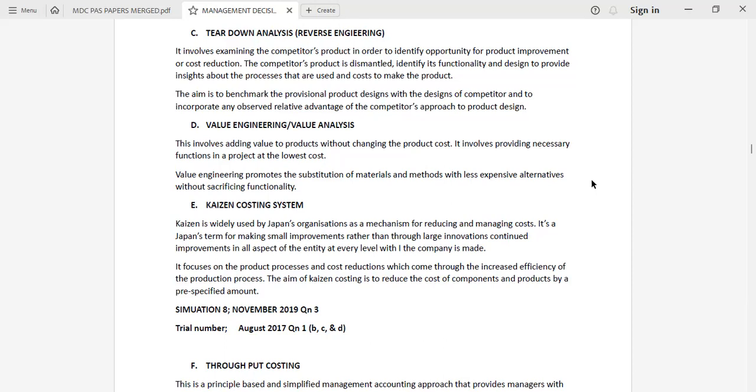to use the teardown analysis, because for it, you make sure that you find every ingredient that is incorporated in the competitor's product, and you go ahead and add in extra items that are going to make these products look different from the competitor's products.